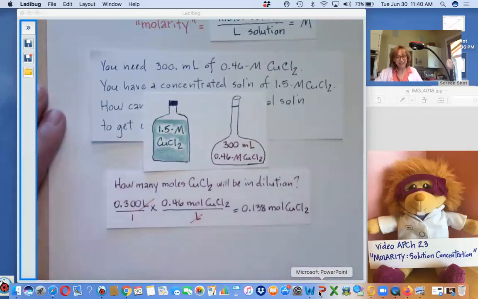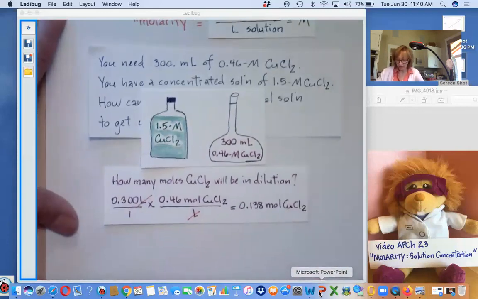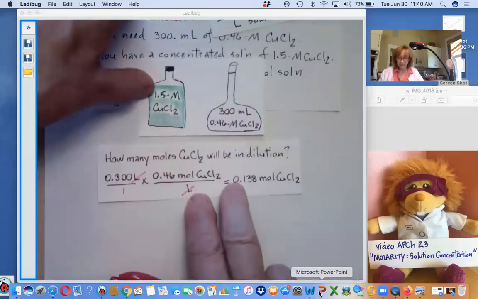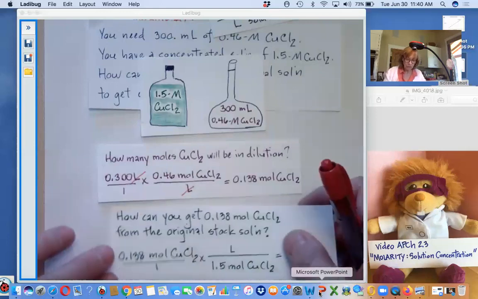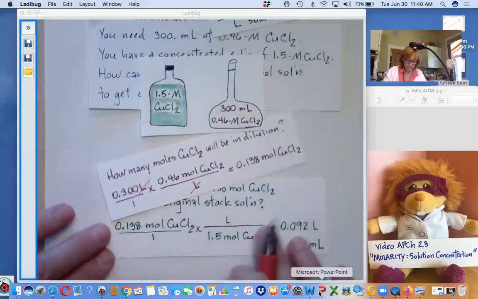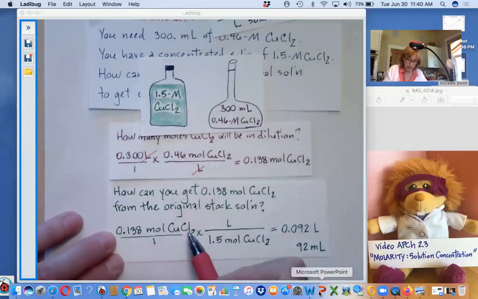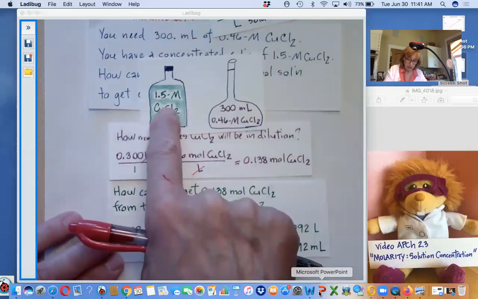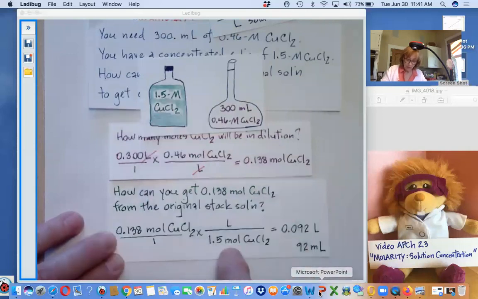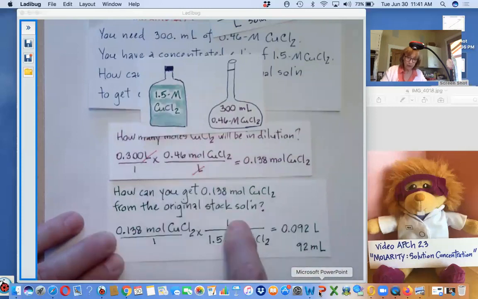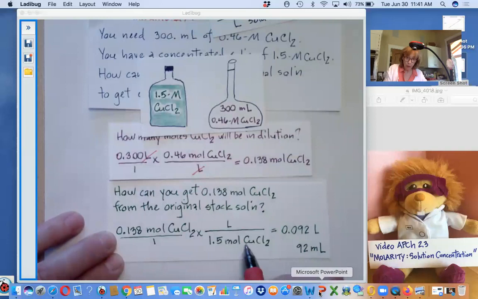Okay, so the next thing I need to consider is, how do I get that many moles from that stock solution? Well, the 0.138 moles of copper chloride from this stock solution that is 1.5 molar, again, capital M, is moles per liter, and I'm putting the moles part in the denominator so that that unit divides out.